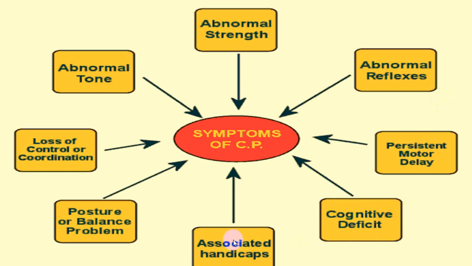Person is invariably handicapped. If there is a cerebellar involvement, person will have ataxia and imbalance. There will be loss of control and coordination will be affected if cerebellum is affected, and tone will be abnormal in case of extrapyramidal system as well as in case of cerebellar damage. So these are all different symptoms and signs which can be present.